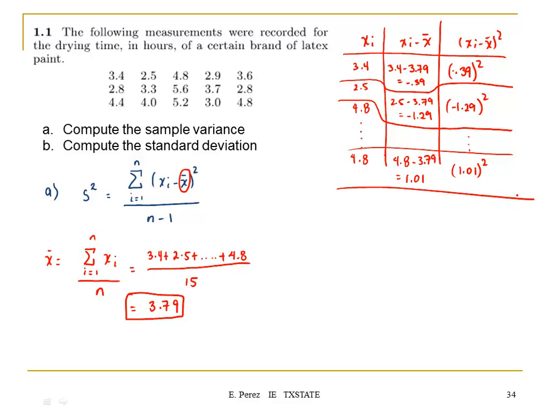So once you have all the values for this column, the last thing to do, what is it? What do we need to do? We'll add them, and the summation will be equal to 13 point.